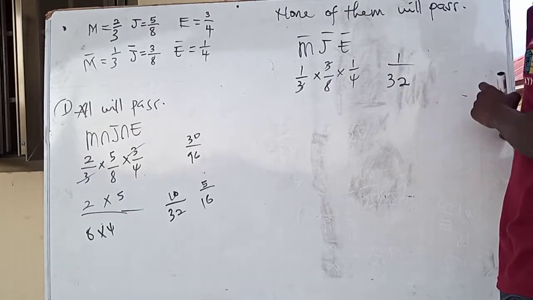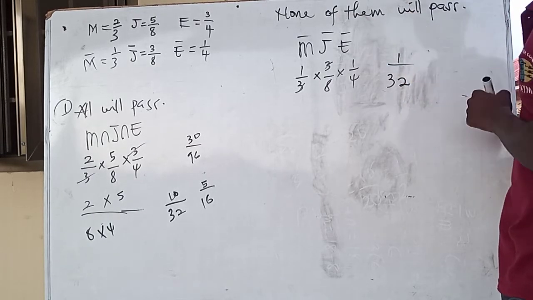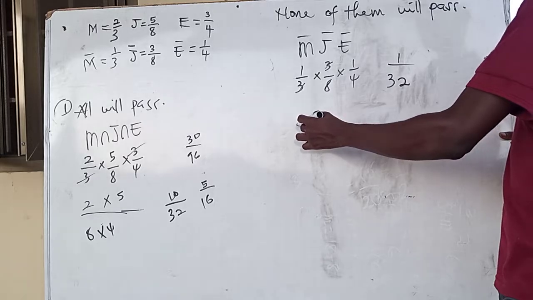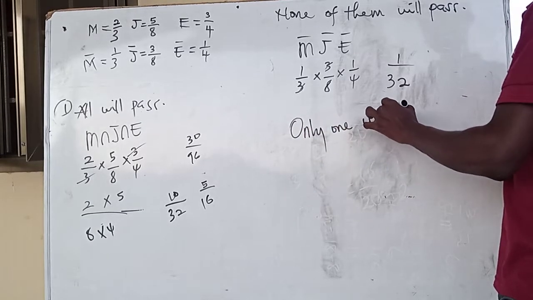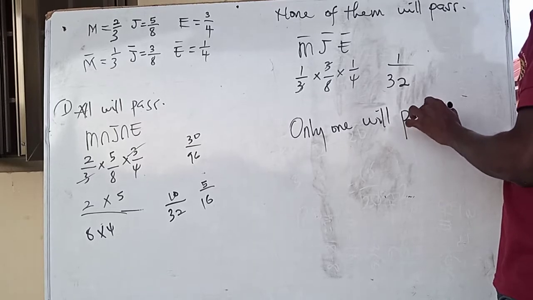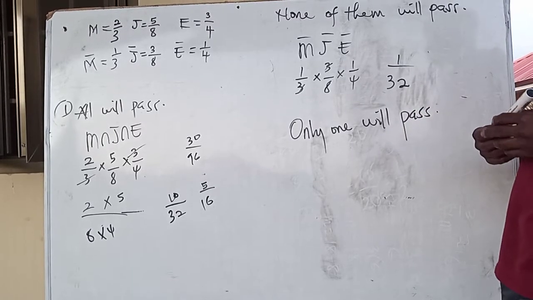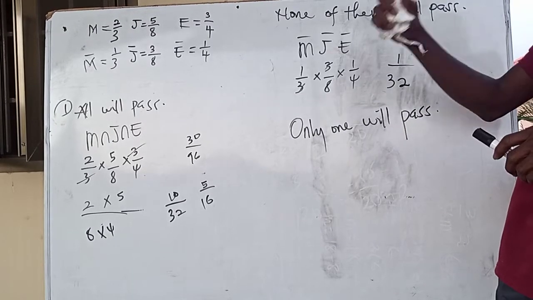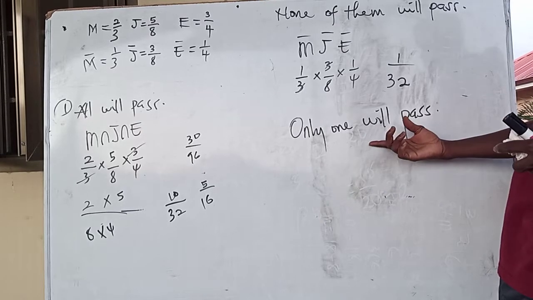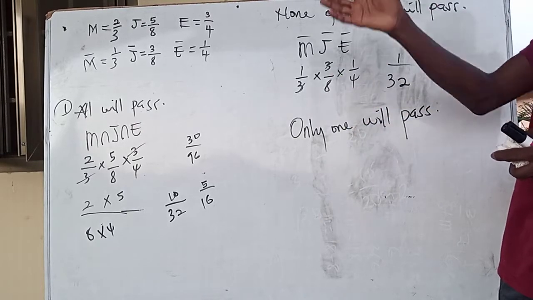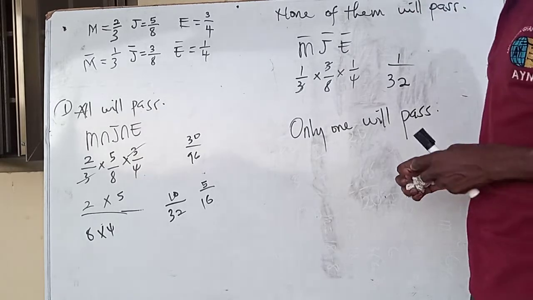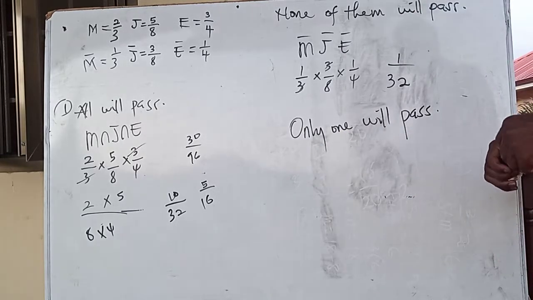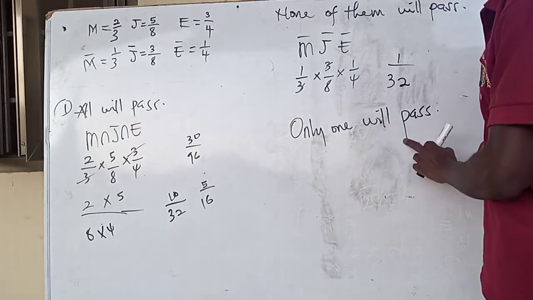Next question. Only one will pass. You see, in our example 1, they asked the probability that only one will pass. Here only one will pass, but we don't know who is going to pass.